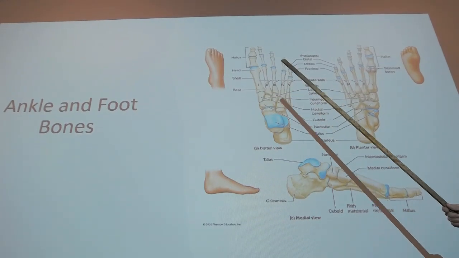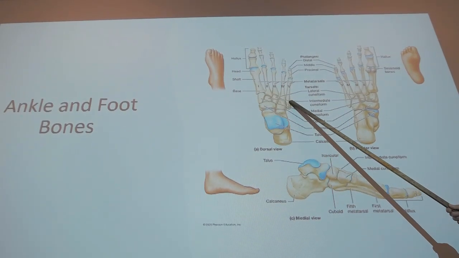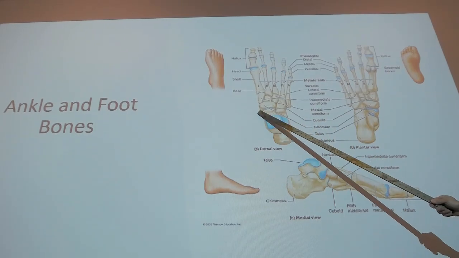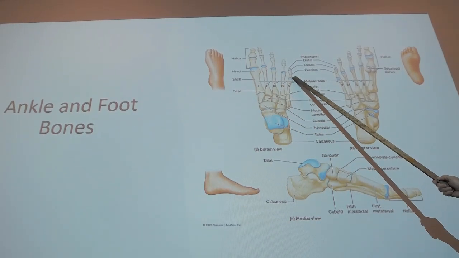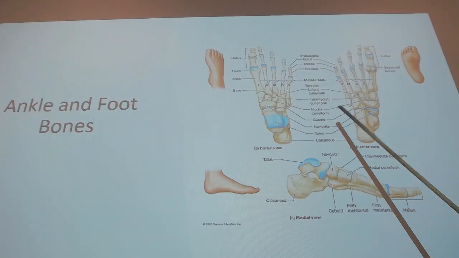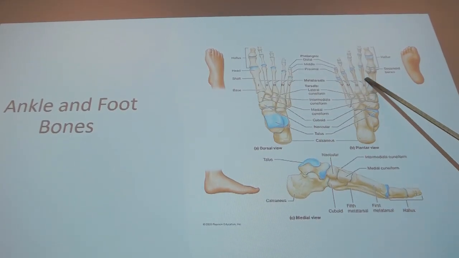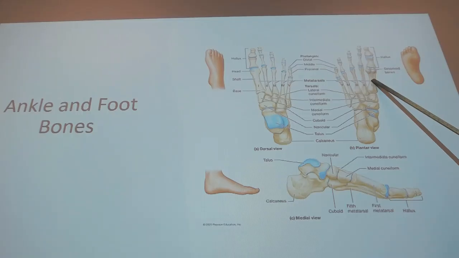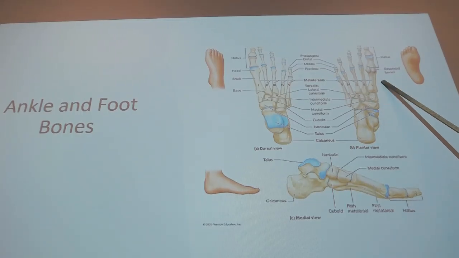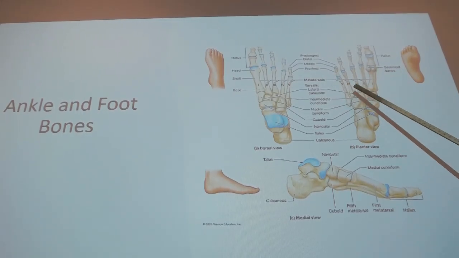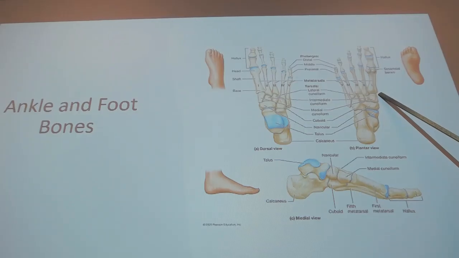And metatarsals, just as our metacarpals, have a base that connects to the tarsals, and then they have a head that connects to the phalanges, and a shaft. And you can see them here in this view, the plantar view. So the shaft, the head, and the base.